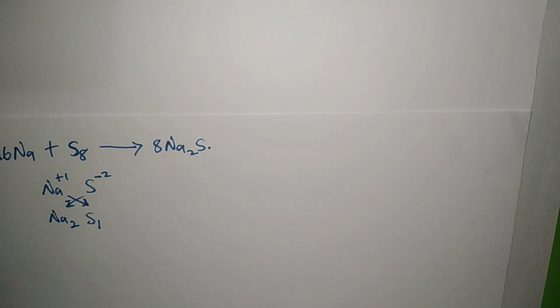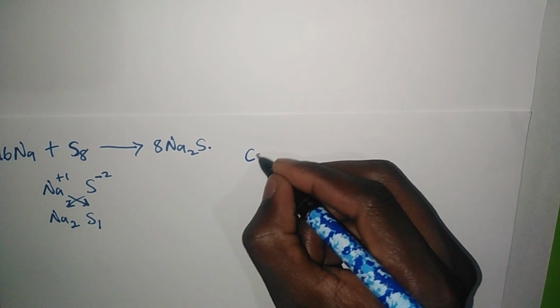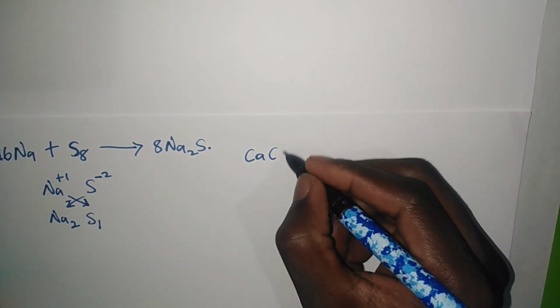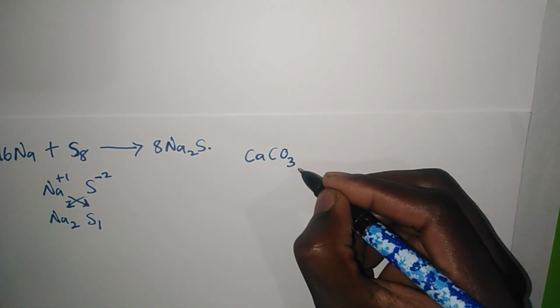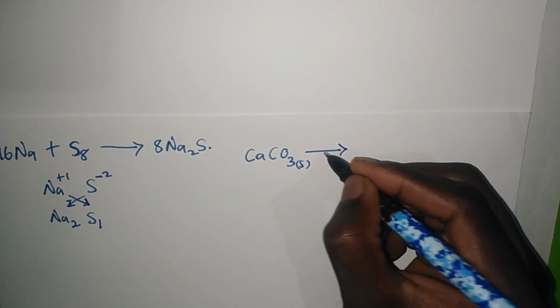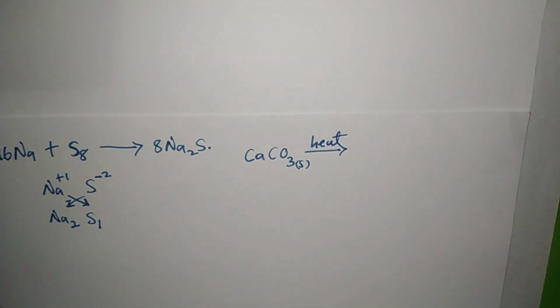Next, I want us to look at this particular equation. If you have calcium carbonate, right, solid, if it's heated, what will be the product? Now, whenever a metal carbonate is heated, a volatile component will escape, and this volatile component is known as what? Carbon dioxide.